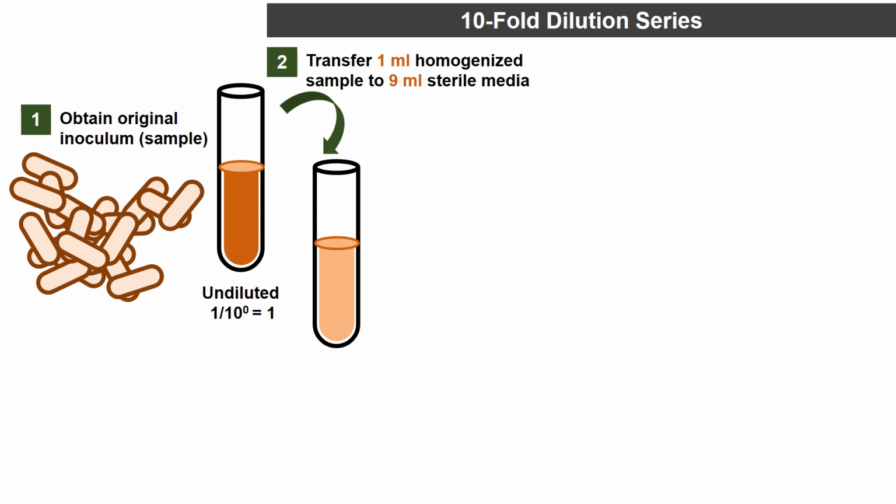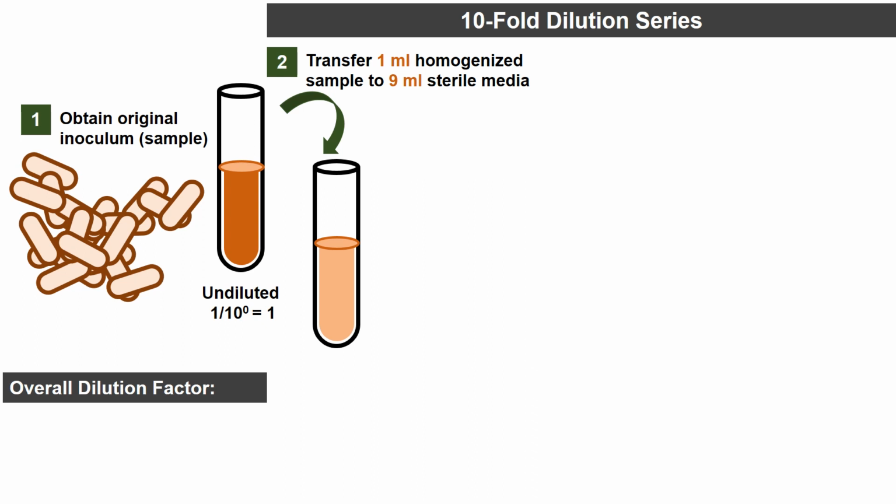That becomes important to think about when you realize that your ultimate goal is to take an aliquot of this tube, or one of the tubes in the dilution series, put it on an agar plate, and get those single colonies. So I'm going to create 2 little rows, and we're going to put some numbers under each tube, and I hope this helps you think about what we're doing.